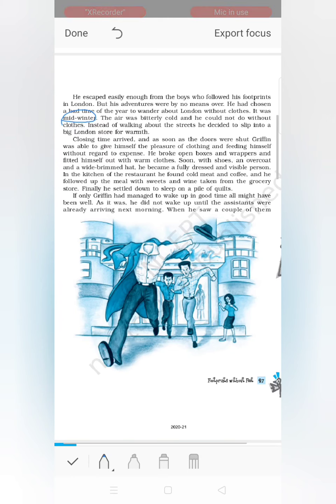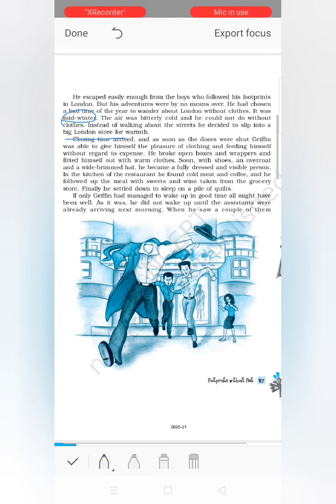So in order to search for warmth, he entered a big London store. He decided to stay inside the store, and as he went inside, the closing time arrived and the doors of the store were shut and nobody was there inside.